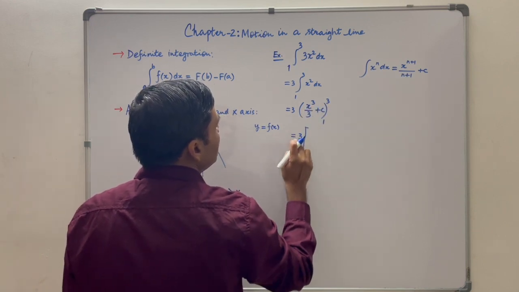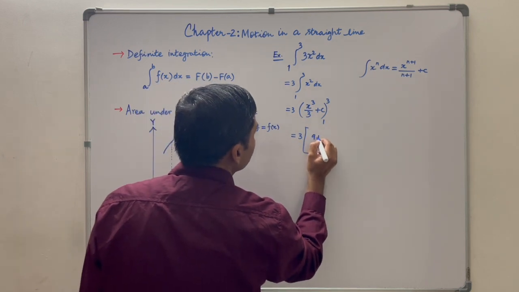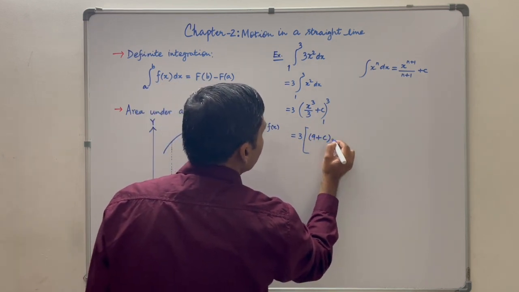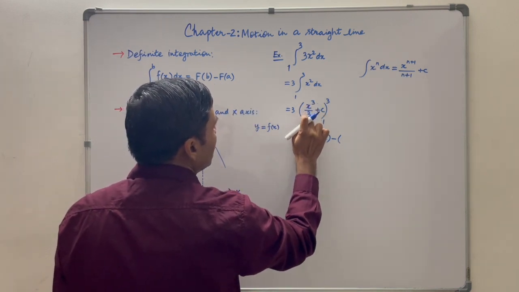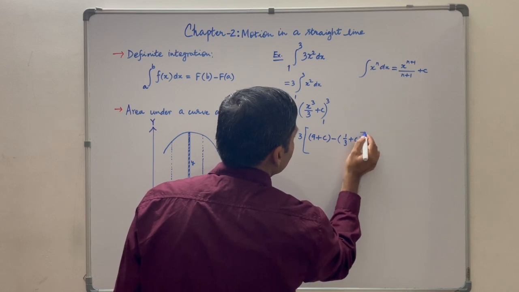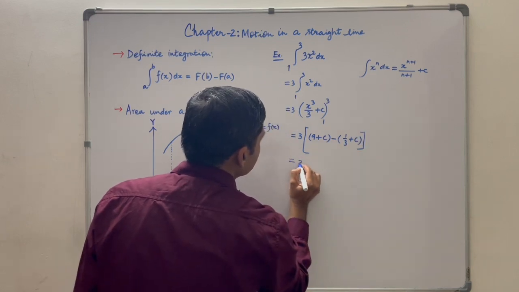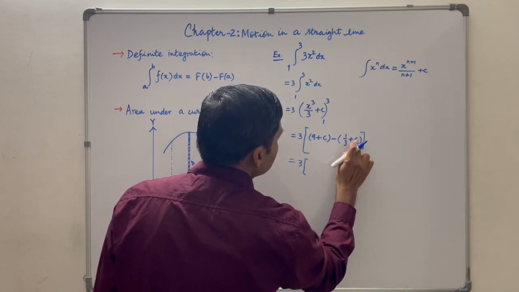So 3 cube will be 27, 27 upon 3 will be 9. So it will be 9 plus c minus lower limit. Put x equal to 1, so it will be 1 by 3 plus c. So it will be equal to 3 into 9 plus c minus 1 by 3 minus c.